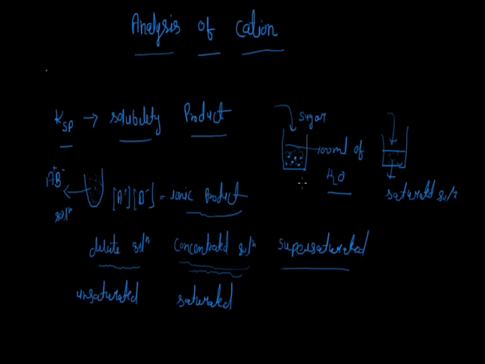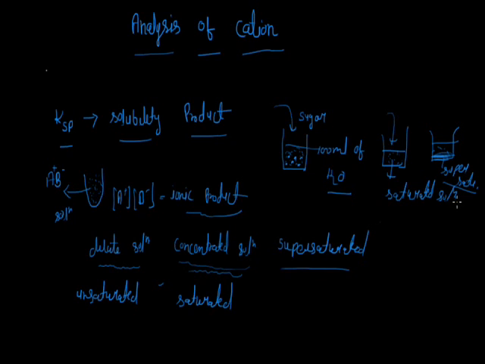After the saturation point, if we add more sugar, then the extra sugar will not dissolve in this solution. It settles down in the bottom. That is called supersaturation. So I think you all are clear what is the meaning of unsaturated, saturated and supersaturated solution.